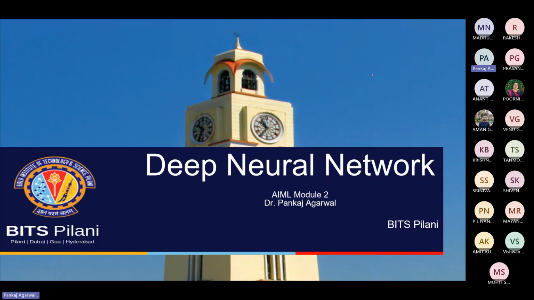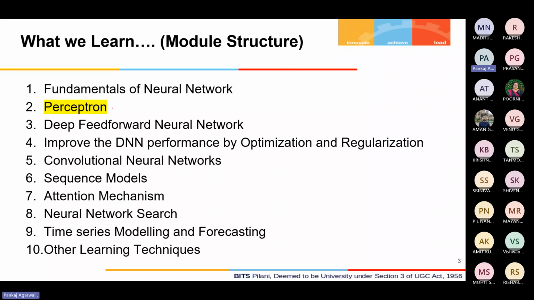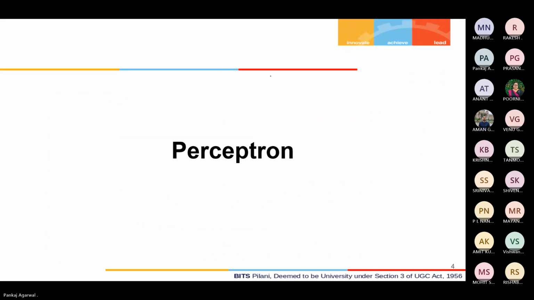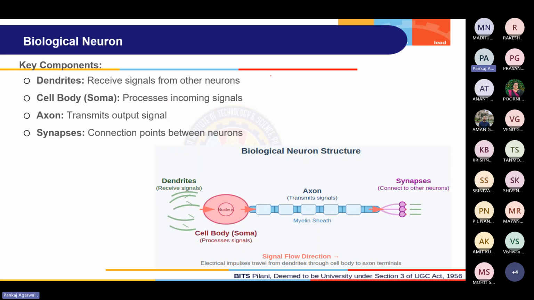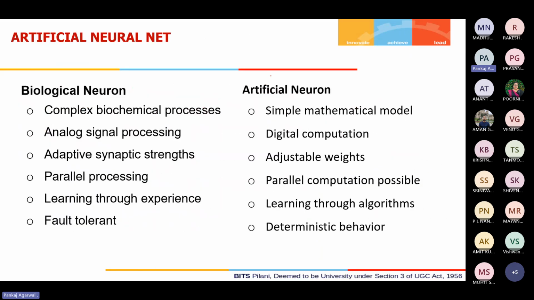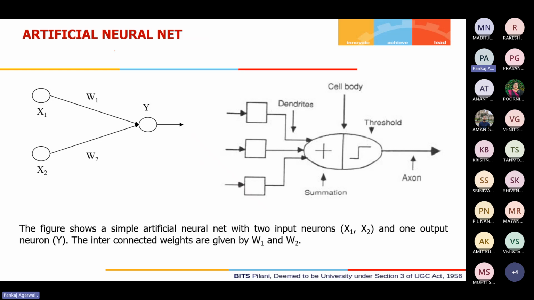So in the previous sessions, we were covering the perceptron part, if you remember. We talked about perceptron, how a biological neuron works, and the mathematical model of an artificial neural network, right?